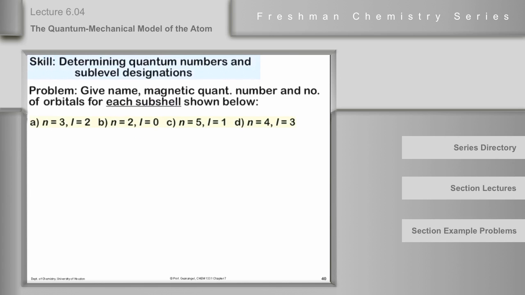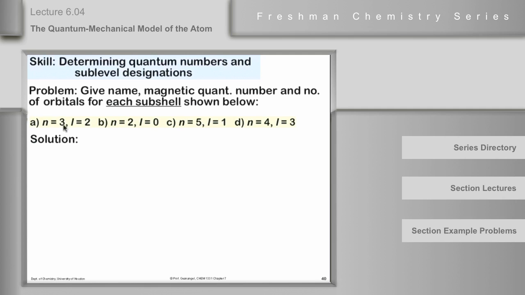Okay. We have a problem here. Give the name, the magnetic quantum number, and the number of orbitals for each subshell shown below. We have 4 subshells specified by allowed values of n and l. So we look at the value of n and the value of l. That tells us what subshell we're talking about.